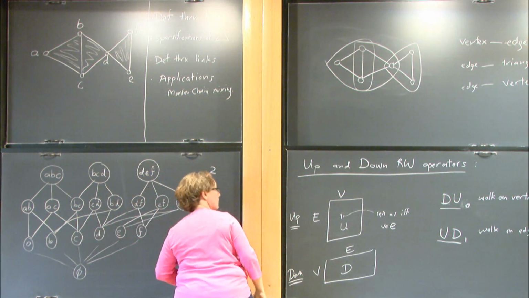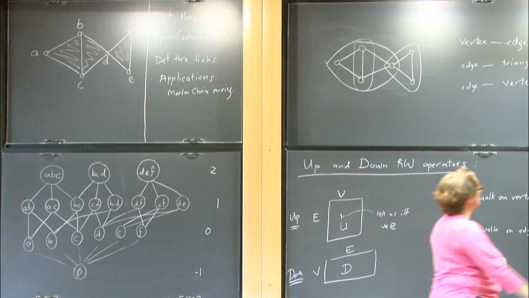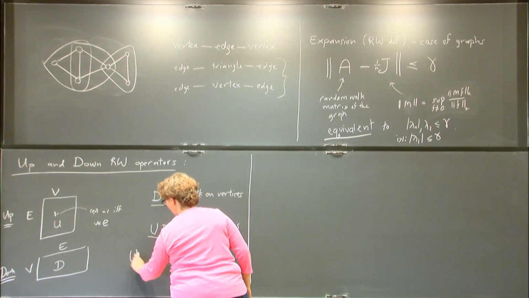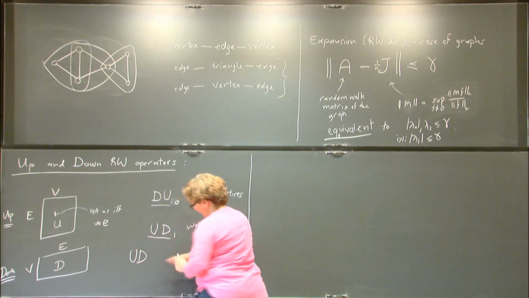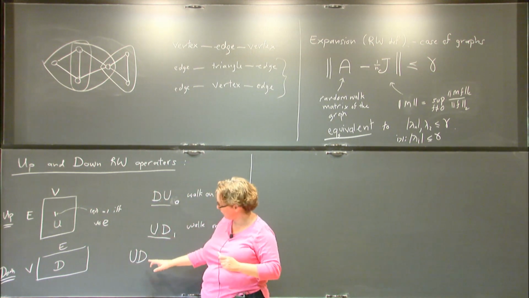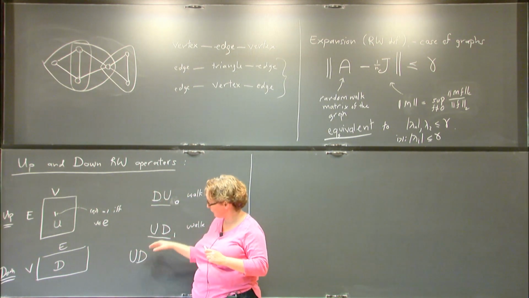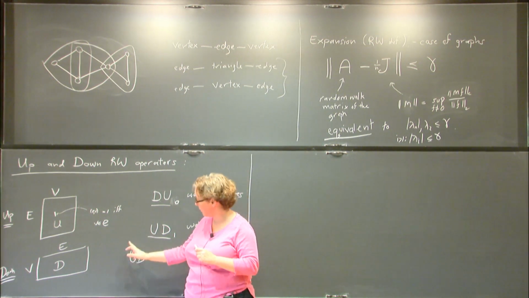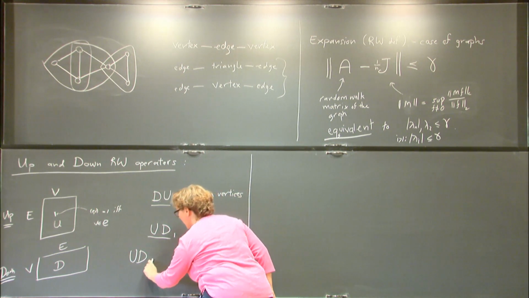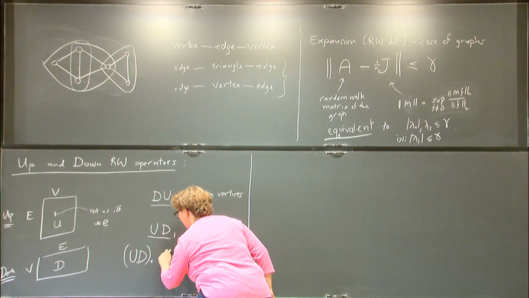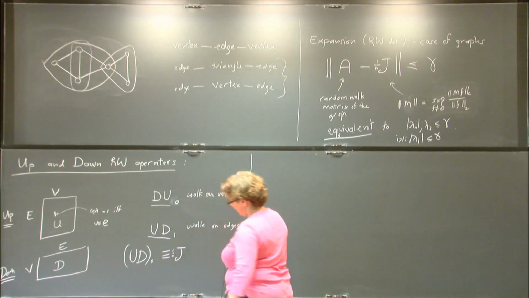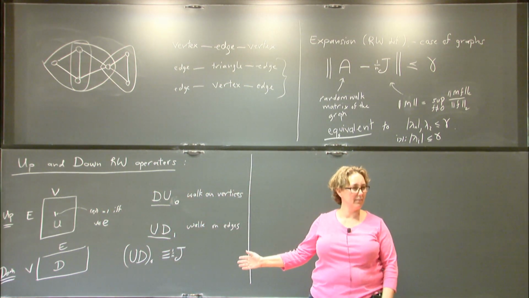So this is indeed true. It's true that J equals UD. You read it in English UD, but this is really first D is operating, so you're first going down, and then U is operating, so then you're going up. So this is the down-up operator. This is on level 0, this is equal to J with 1 over n. Okay, this is clear, right?